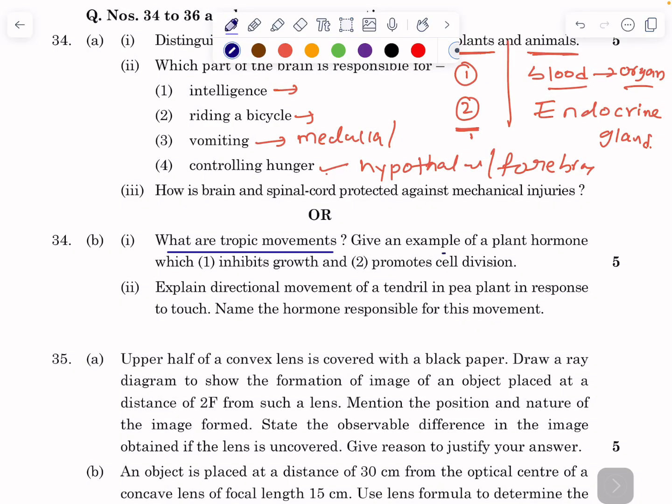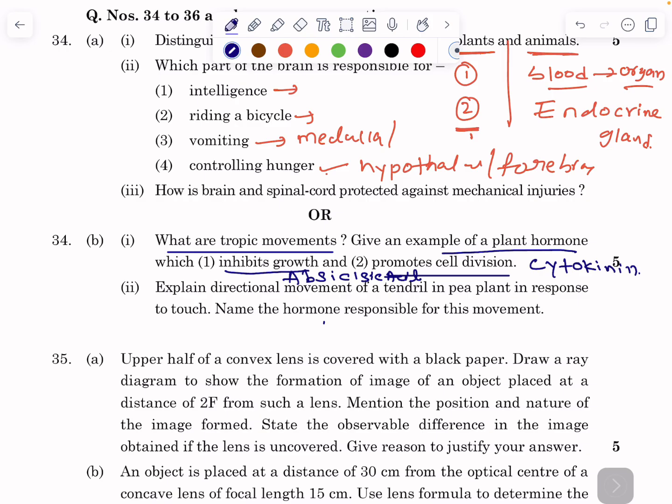Give an example of a plant hormone which inhibits growth and promotes cell division. The answer is abscisic acid. Abscisic acid inhibits the growth of the plant. And cytokinin is a hormone which promotes cell division in the plant.